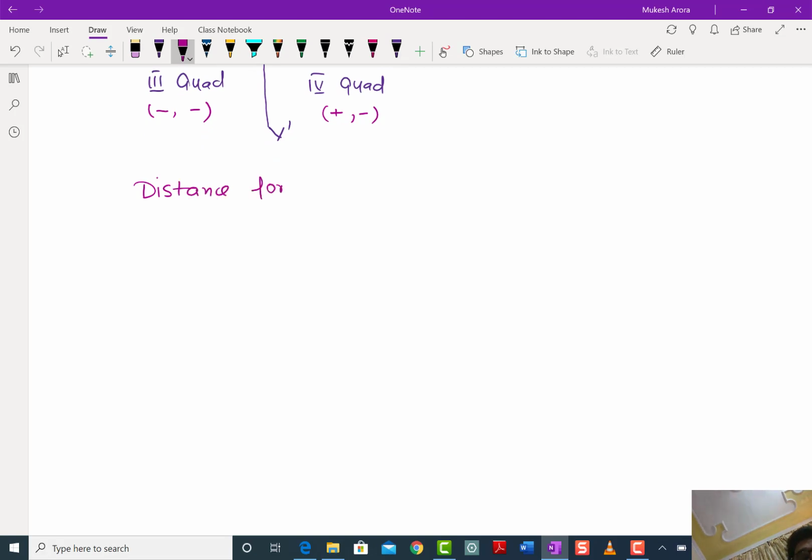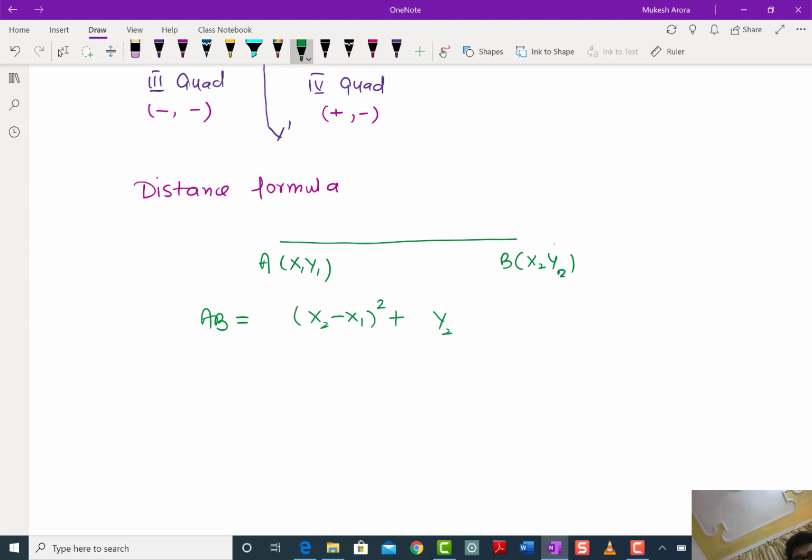Distance formula: if there is a line AB, and the points are A (x1, y1) and B (x2, y2), then the distance AB will be equal to the square root of (x2 minus x1) raised to the power 2 plus (y2 minus y1) raised to the power 2.